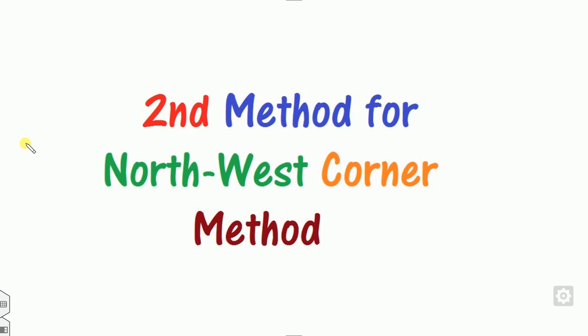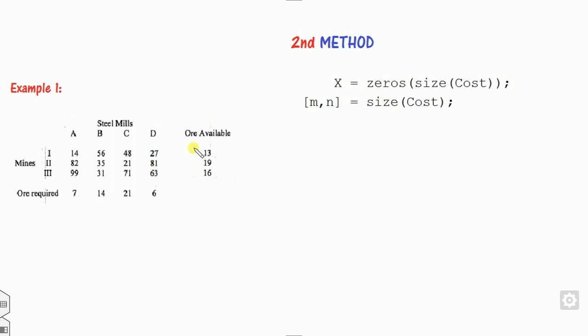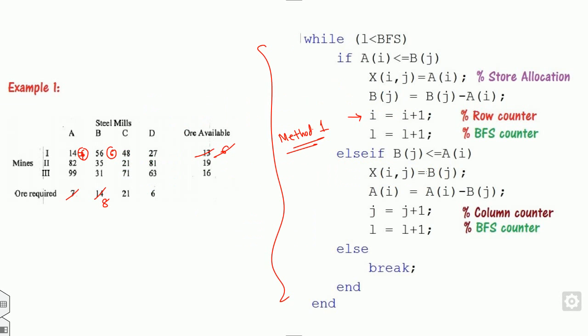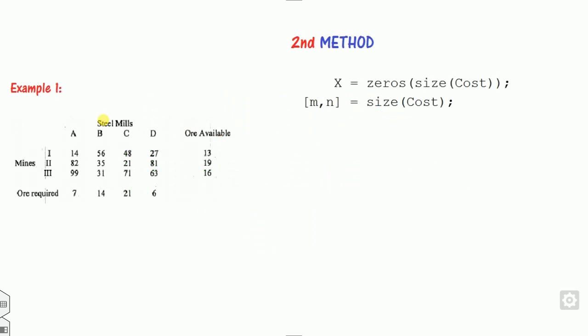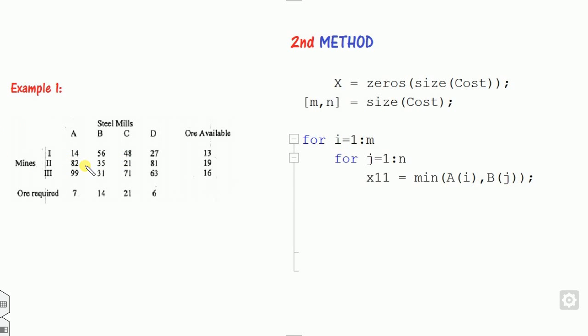Now what is method 2? Method 2 is quite easy. Instead of writing all these commands, you can simply write here x is 0 and m is the size. So you can start with the 2 loops. Firstly, we find the minimum of this. The minimum of AI Bj I call x11, the position of this. Then we will update the AI.